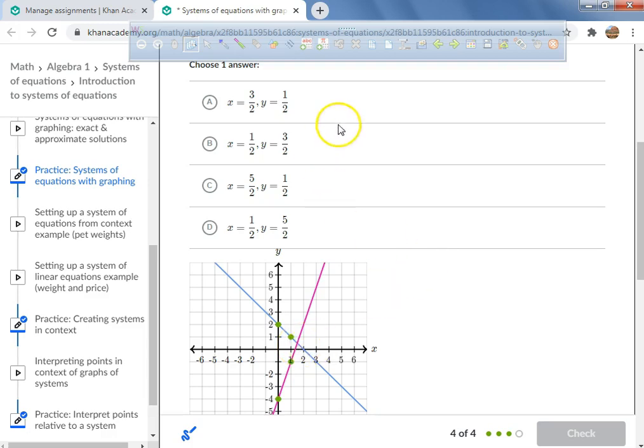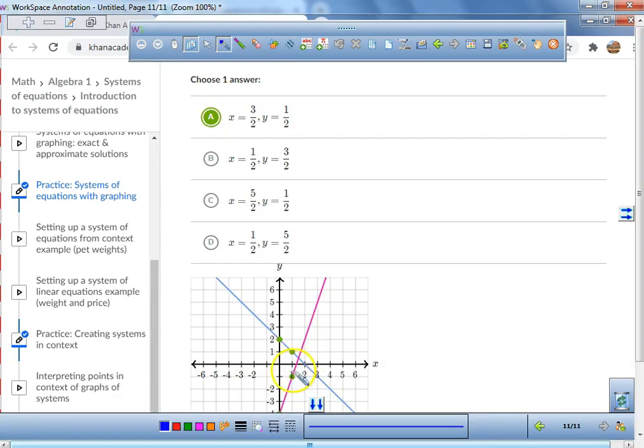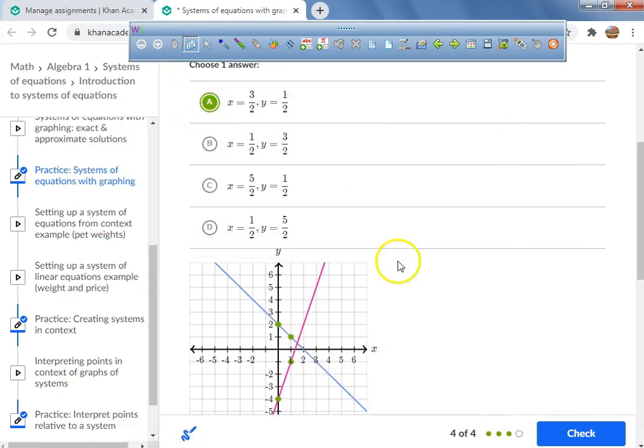So which answer is 1.5 and a half for our solution? Looks like this one. So check this out. This point right there is slightly more than 1, like 1.5, and it goes up a half. So it's up a half, and it's at 1.5 on the x. So that's why I'm choosing answer choice A.